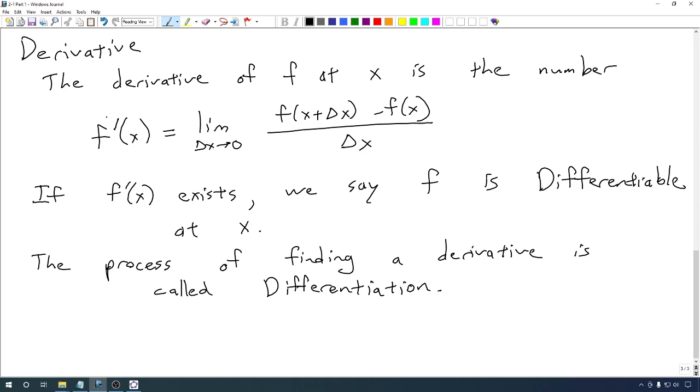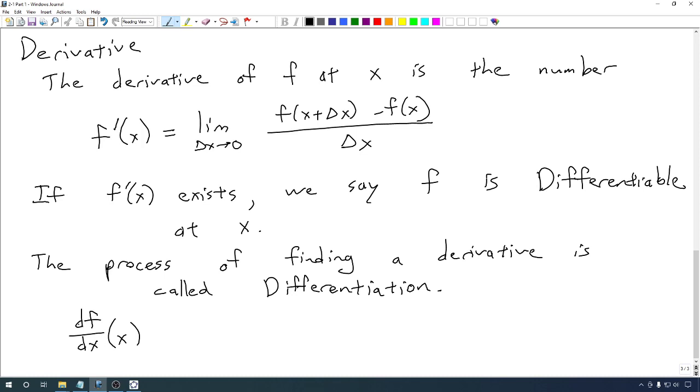Now, we also have some other notations for the derivative. We don't always use the f prime notation here. Some other notations that we might see are df dx, where f is the name of the function. If we're doing that, we might put the of x part attached to that. Note here that this is not actually a fraction.